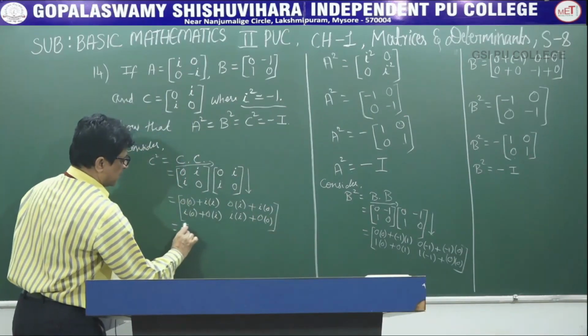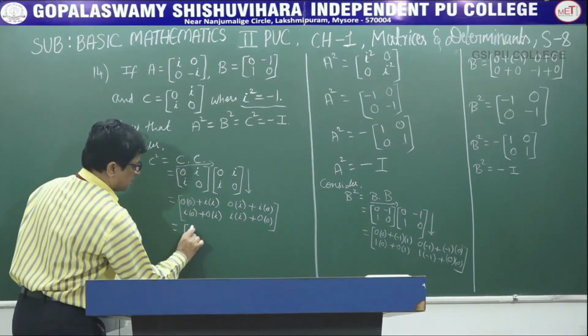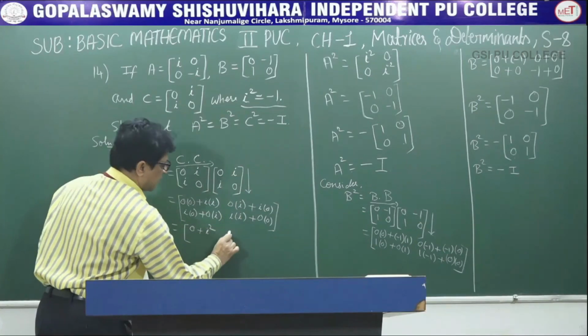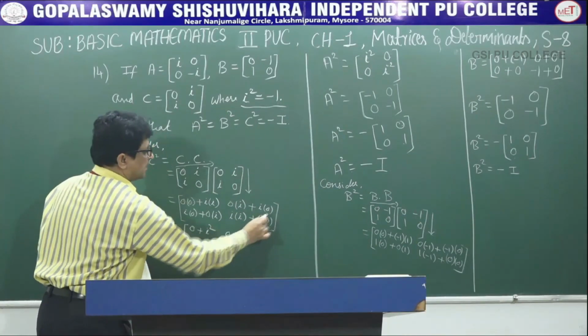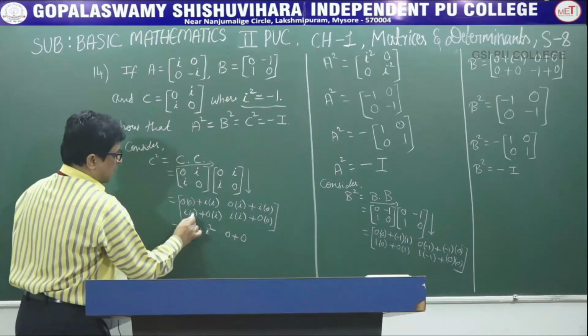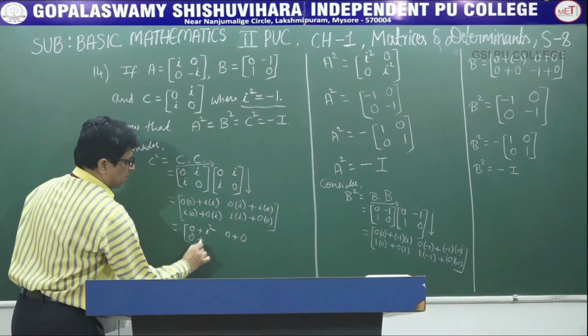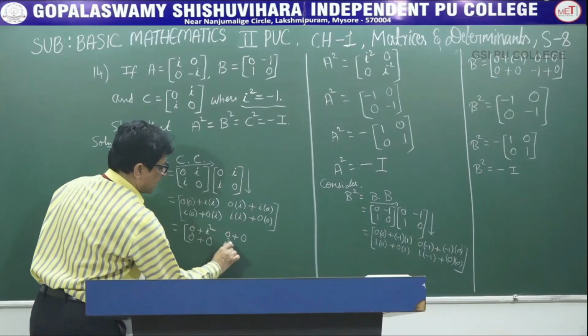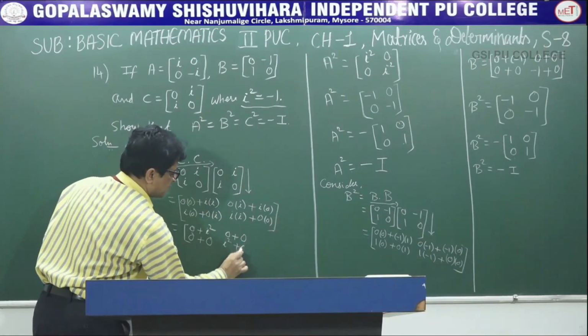So, that will be equal to 0 into 0, 0 plus i into i square, 0 into i, 0 plus i into 0, 0, i into 0, 0 plus 0 into i, 0, i into i square plus 0 into 0, 0.